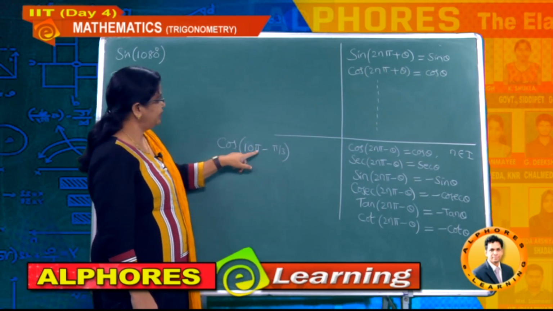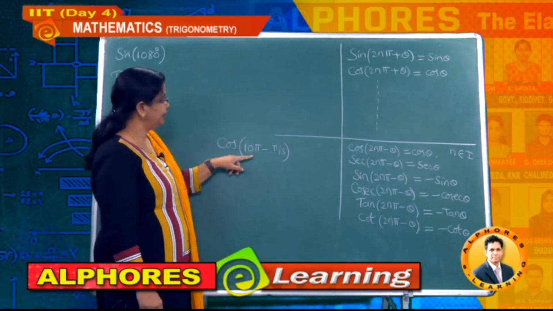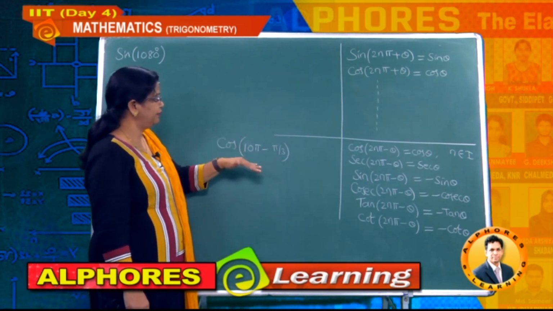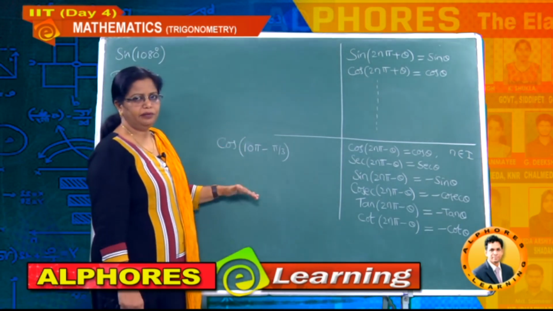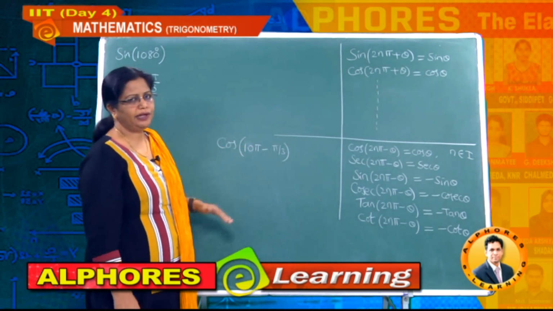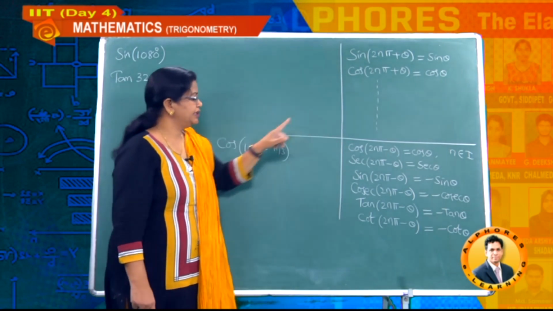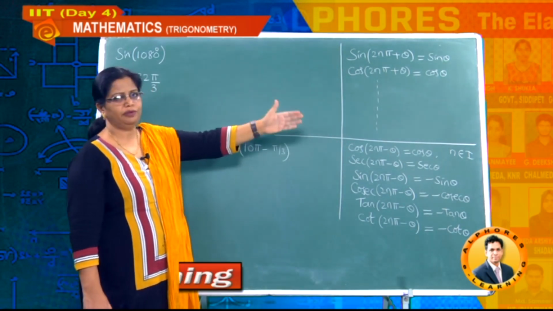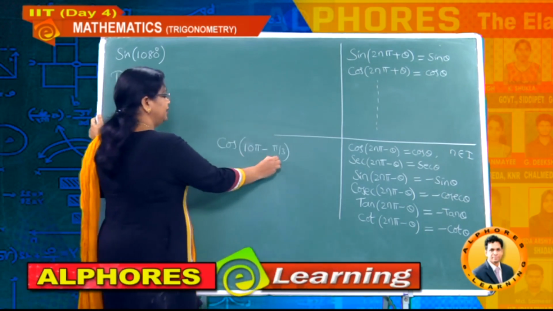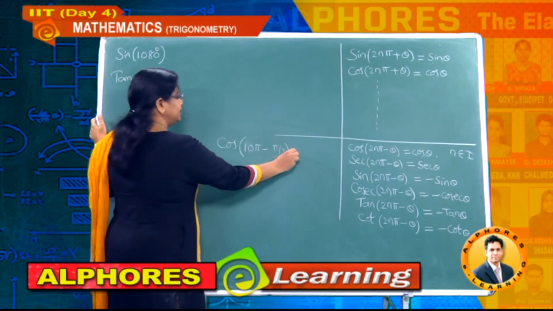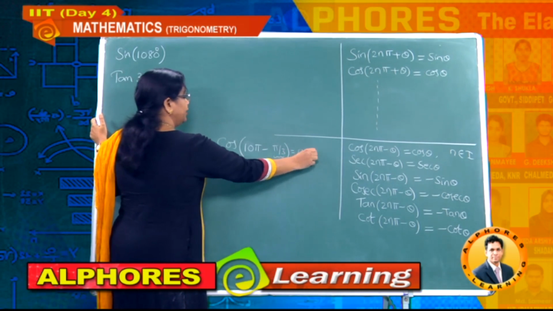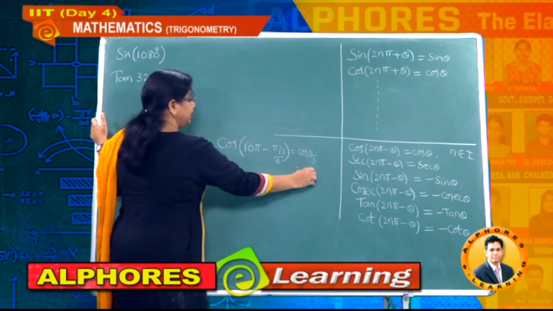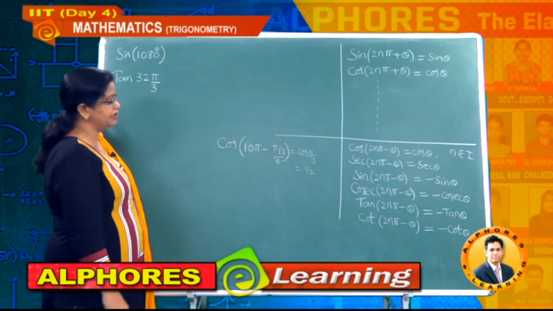Then you should not go for first quadrant or second quadrant values, not necessary to write that. Directly observe, this is an even multiple of pi minus pi by 3, which is of the form 2n pi minus theta, and therefore this is your theta. So directly your answer is cos pi by 3, thereby you can write the answer as 1 by 2, 60 degrees.